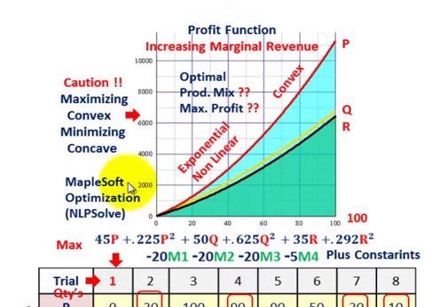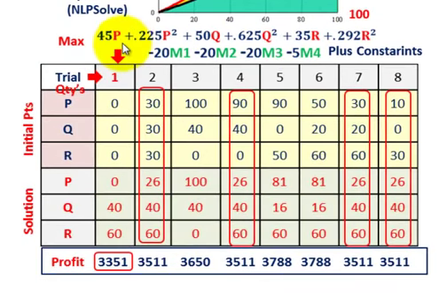What I'm doing, I've used MapleSoft, their optimization package, and the function would be NLP, or nonlinear programming solve function. So this is our objective function that we were looking at, and then we had our marginal revenue less our material cost, plus the constraints we would have included in it. Now, this is what we want to maximize.